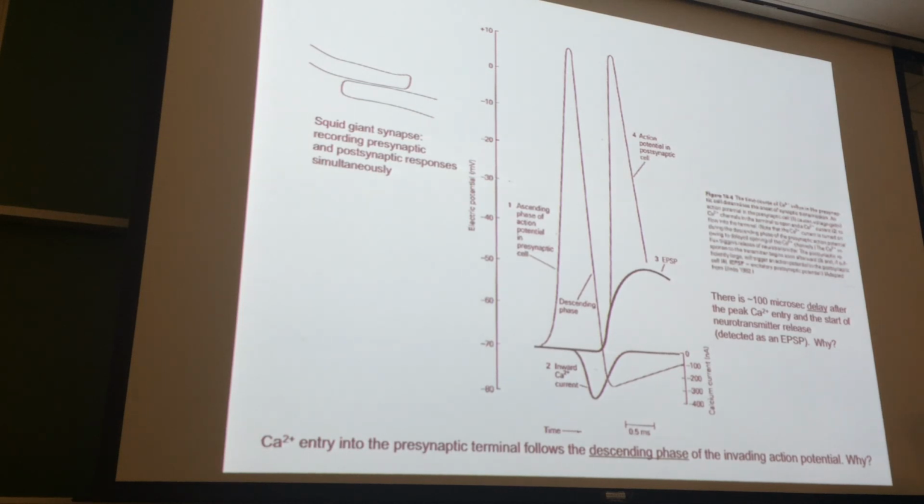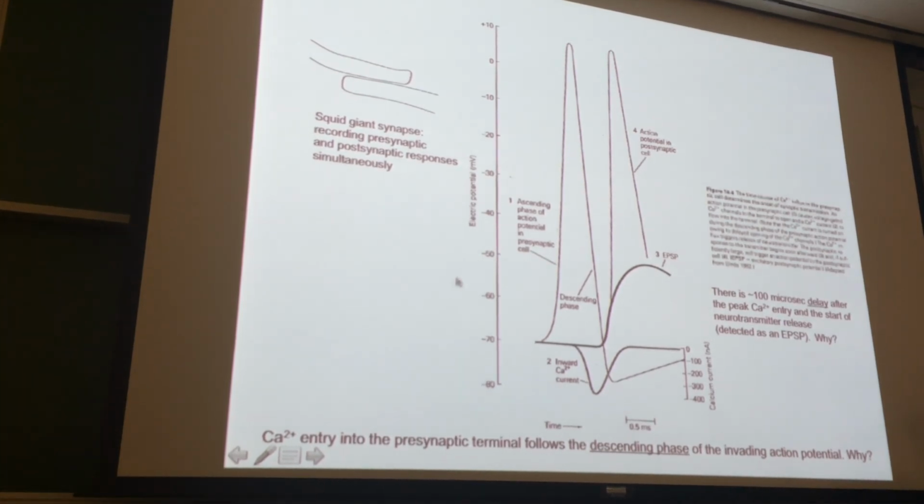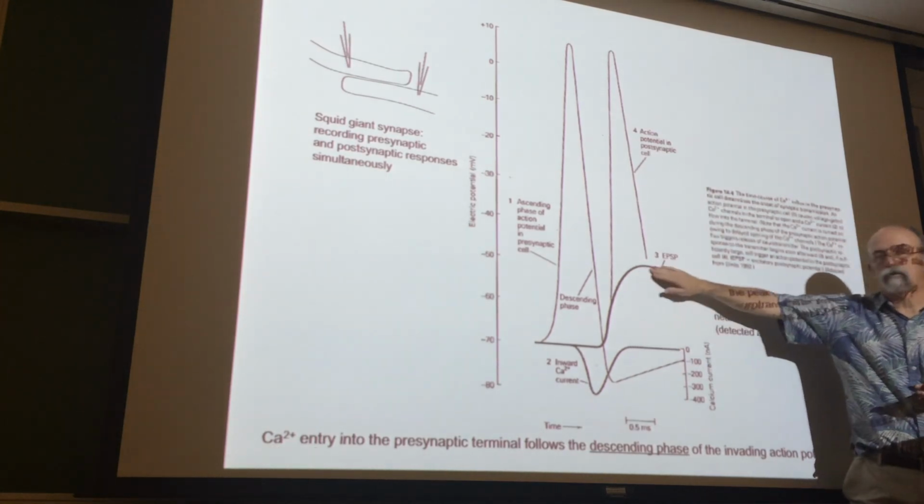This isn't the squid giant synapse, which connects to the squid giant axon. Here's an action potential coming in, so this is recording on the presynaptic side. And then, as recorded on the postsynaptic side, there's the excitatory postsynaptic potential. That's the release of neurotransmitter.